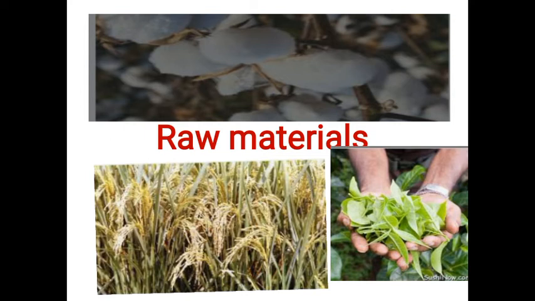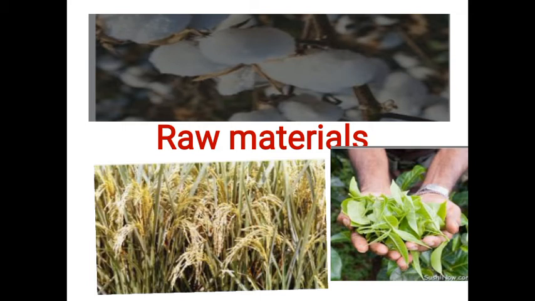The raw materials are basic materials from which other things are made. Like from wheat, we make chapati, we make bread, many products we make from wheat. Similarly, from tea leaves, we get tea, and from cotton, we make cotton cloths.